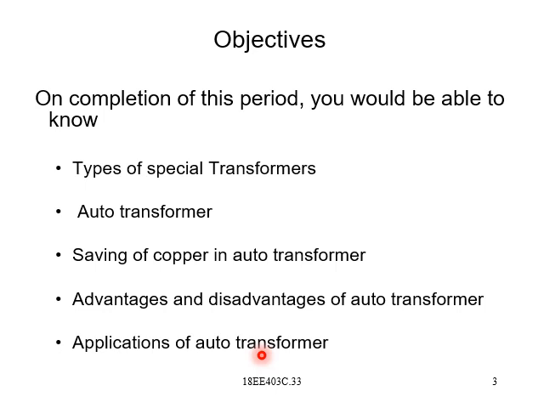So these are the things which we'll be going to see in this session.